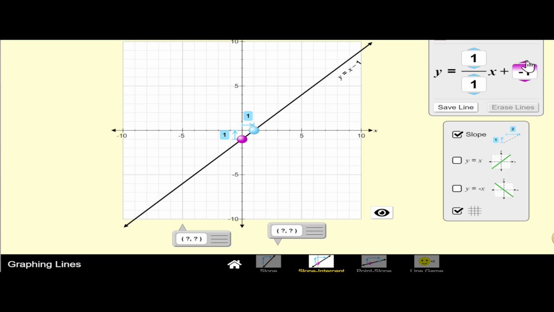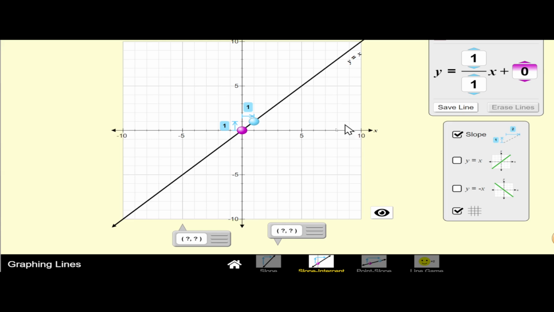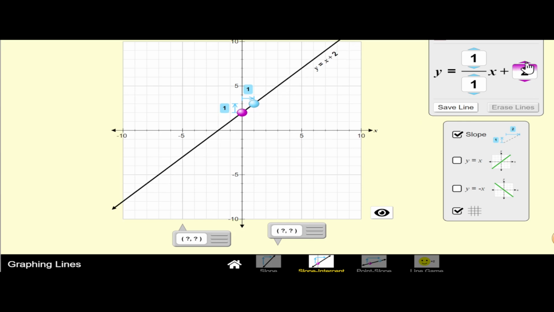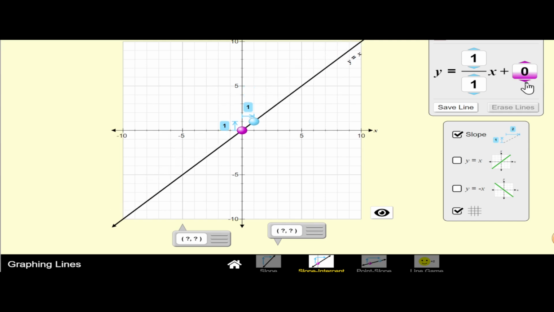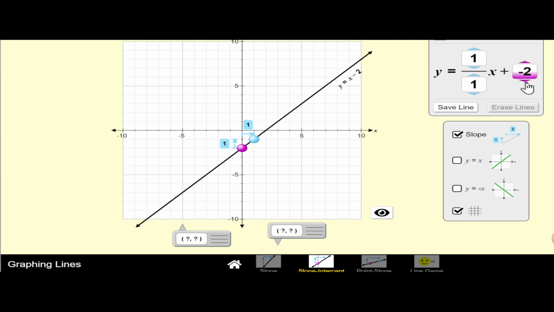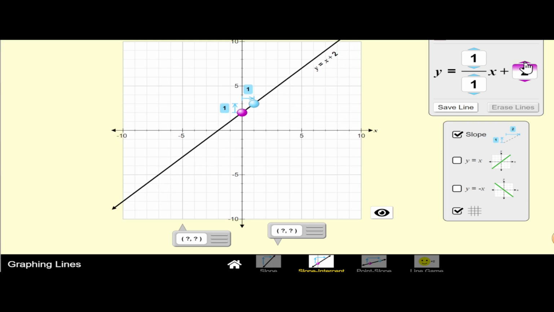And as it gets closer to 0, it gets closer to 0. And now that it's just mx plus 0, it crosses the origin point, 0, 0, where x is 0 and y is 0. And as it gets larger and larger, it goes up and up. So the b here at the end is the y-intercept, where the line crosses the y-axis.